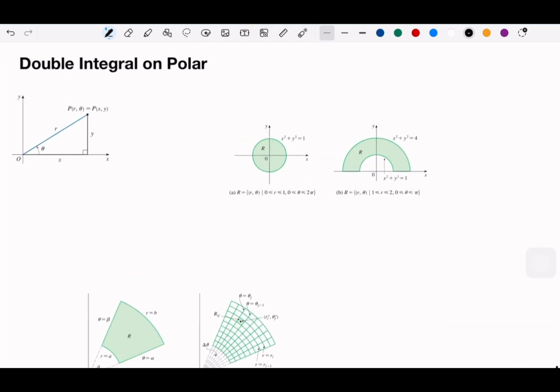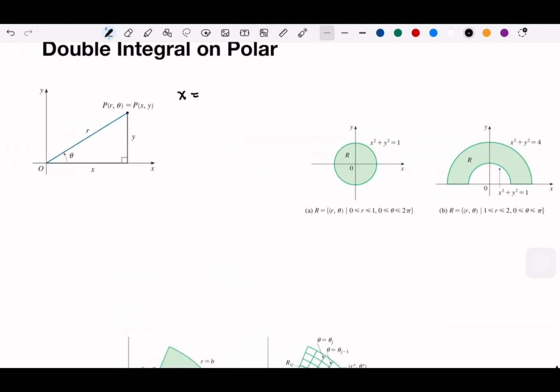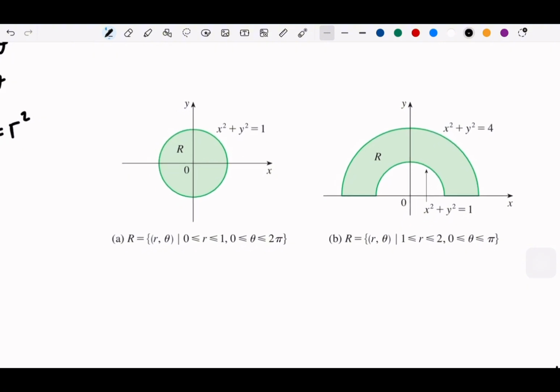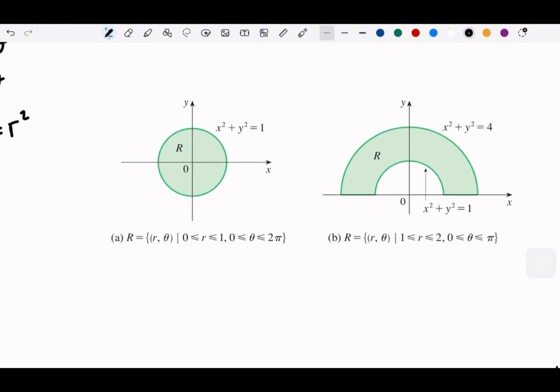Okay. So x is r cosine theta, y is r sine theta, and x squared plus y squared is equal to r squared. We just need this to convert the Cartesian xy into a polar curve. For example, here we have two curves. We have a circle with radius 1, so x squared plus y squared is 1.